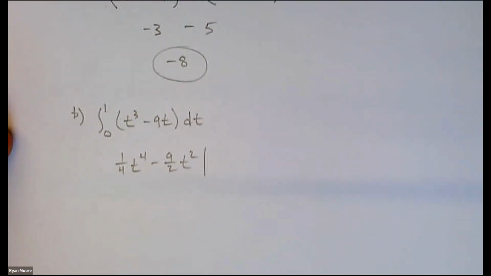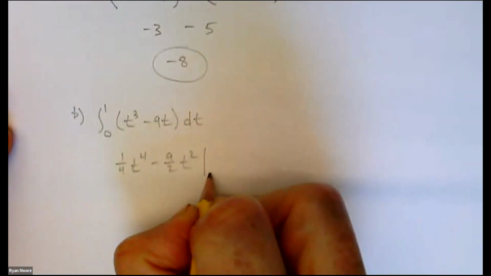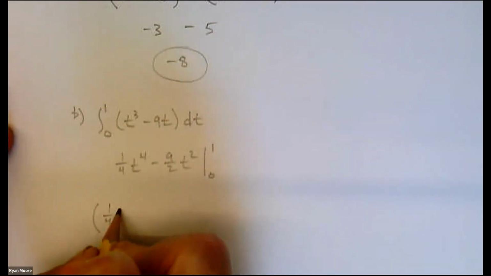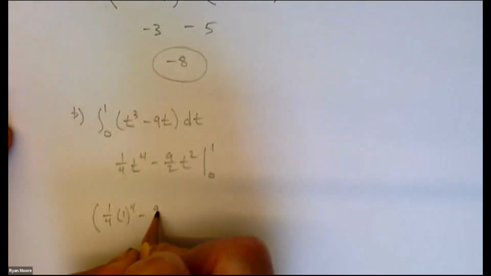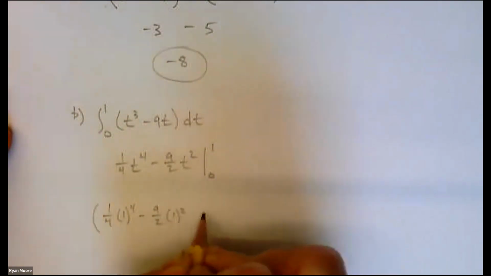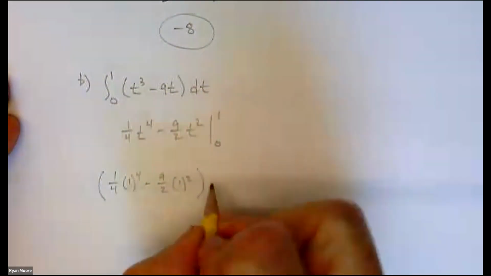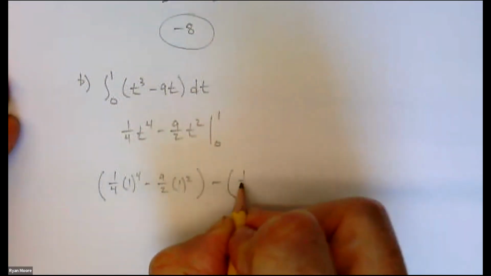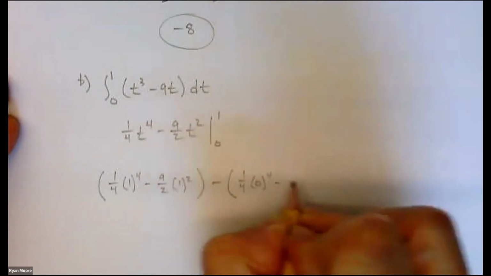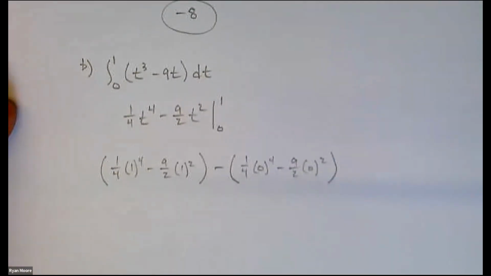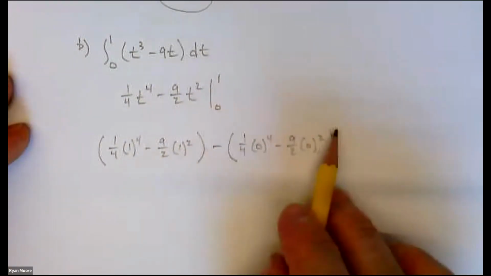Draw that long vertical line and then 0 to 1. What we're going to do is plug in 1. Plug in the number on top first, subtract, plug in the number on bottom. 0 here is kind of nice. That all goes to 0.